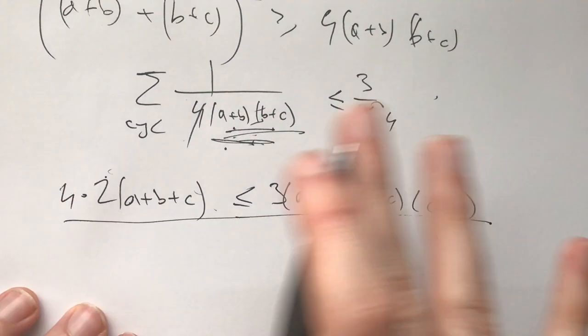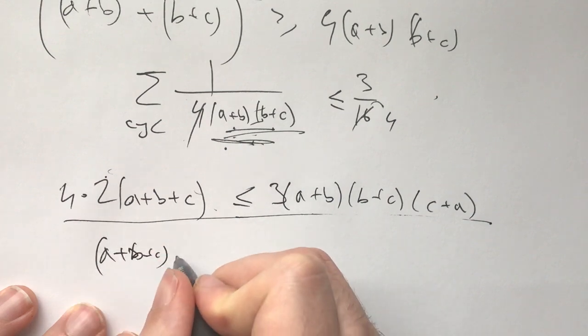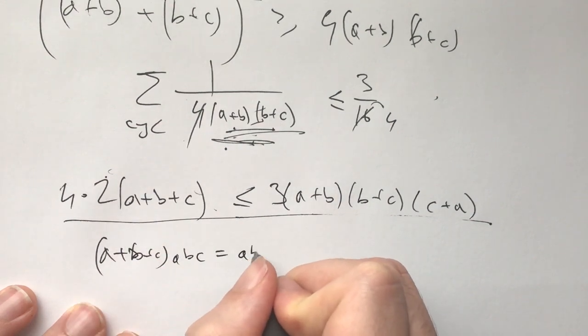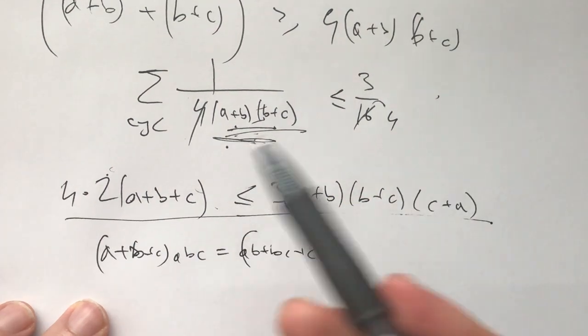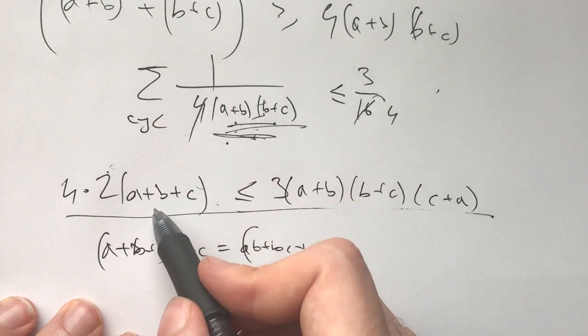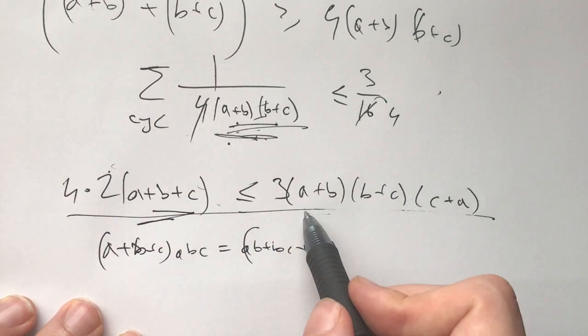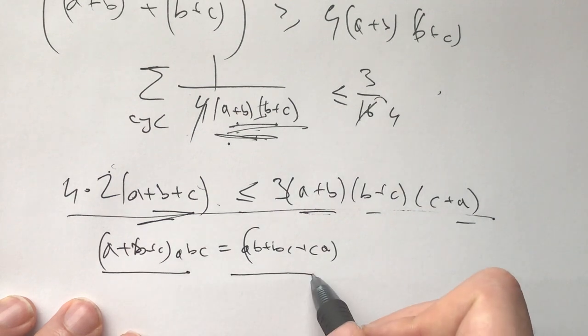Okay? And we still haven't used the fact that a plus b plus c times abc is equal to ab plus bc plus ca. And we should use this fact somehow right about now. So now, what's this? Power 1, power 1, 2, 3. This gives us a power of 4, power of 2.